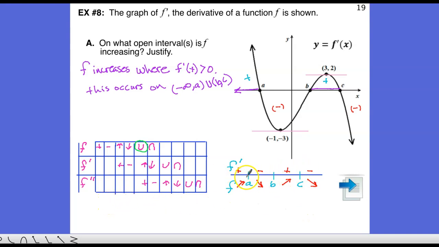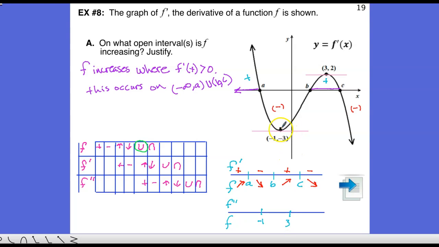And instead of putting a, b, and c, critical values for f, we're going to put critical values for f prime, places where f prime was equal to 0. So we're going to put f double prime on top, and we'll put f on the bottom. And I'm going to make points at -1, which was our first critical value for f prime, and 3, which was our second critical value for f prime.